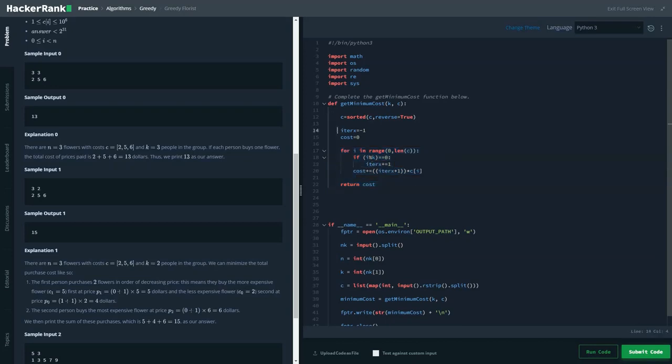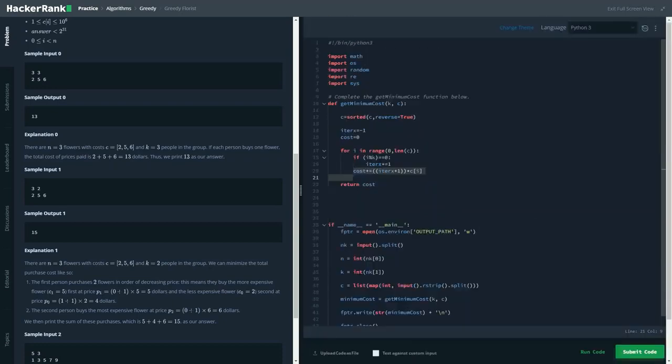The reason for using iter equal to -1 is that during the first instance the value of i would automatically become 0, and 0 percentage anything would become 0. So at the first instance the iter would become, sorry, it would become 0. In the same way, when all of the customers have purchased, the iter value would keep on increasing. That would mean that the florist has been increasing the price. This is the basic idea.